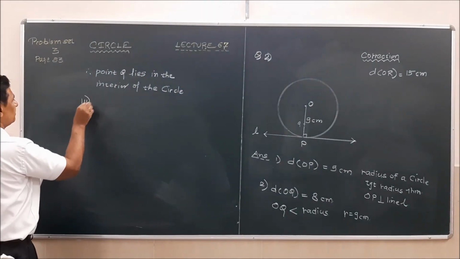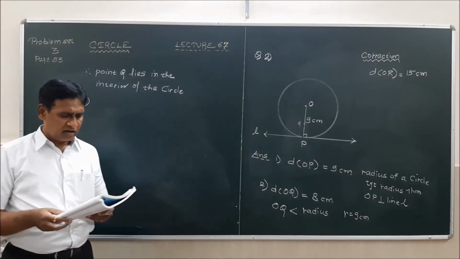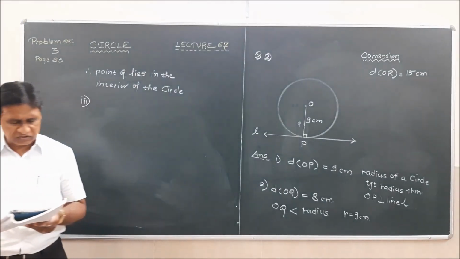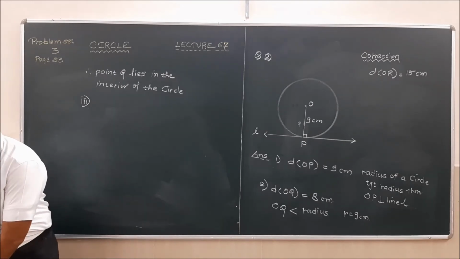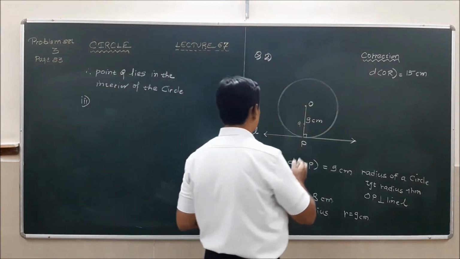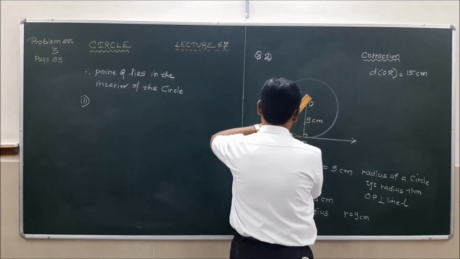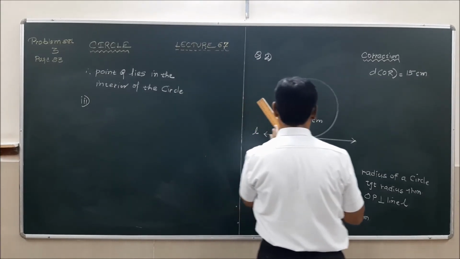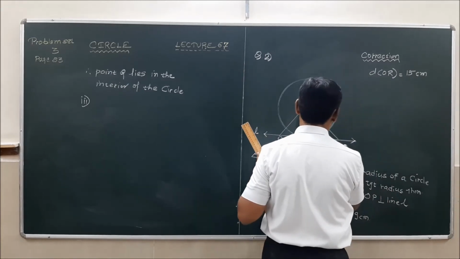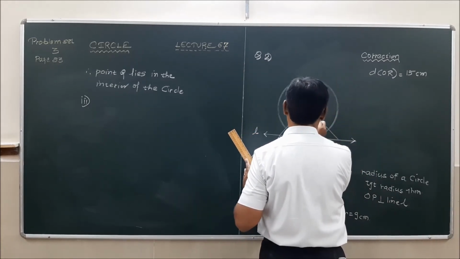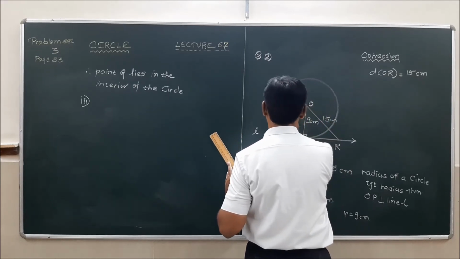Okay, the third one is: OR is 15. How many locations of R lie on line L? At what distance will each of them be from point P? So R will lie at two places. Here there can be R1, and here we can take it as R. OR is 15, and this is also 15.